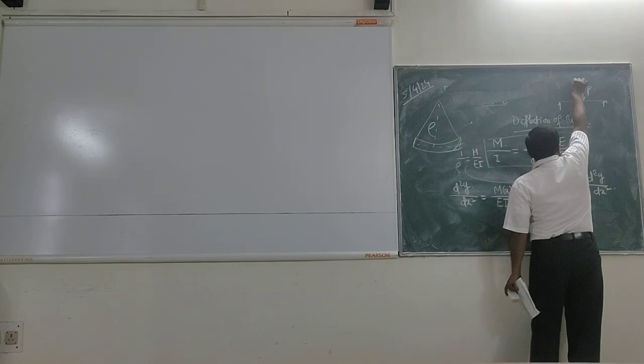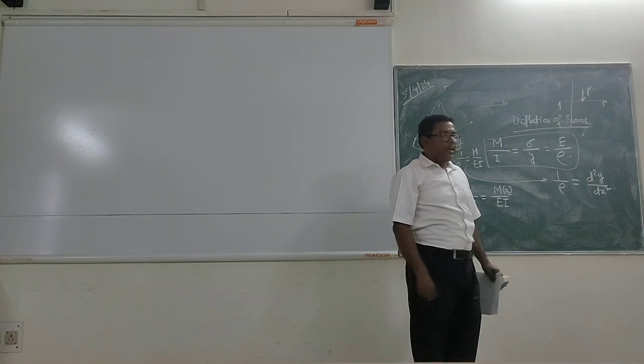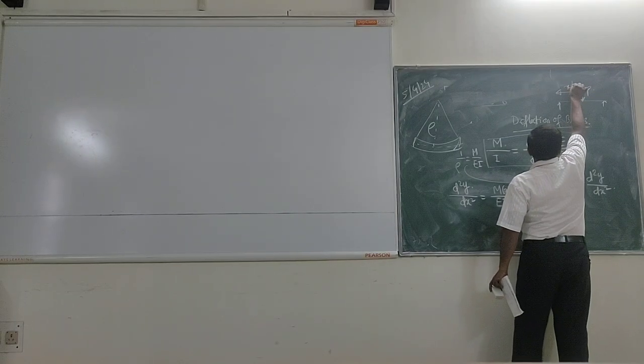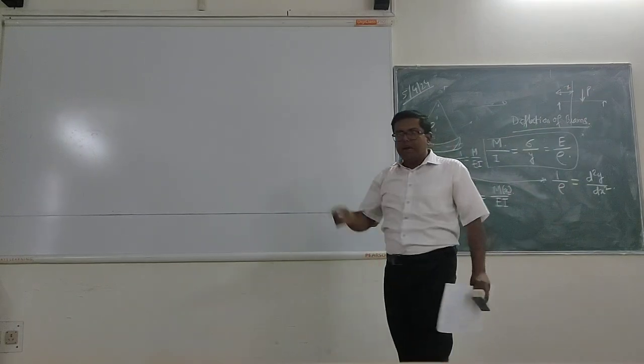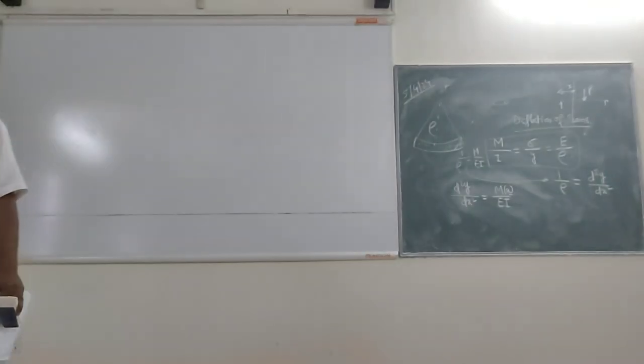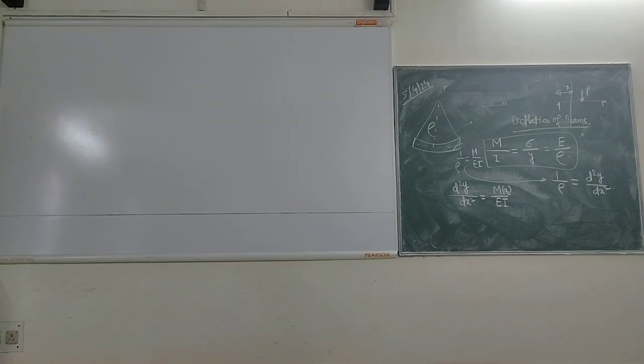If I want to find the bending moment at any section x, the bending moment will come in terms of x. So basically moment will be a function of x, that means along the horizontal length.